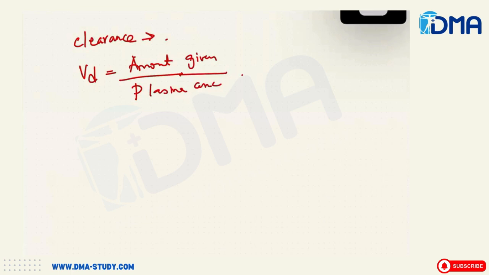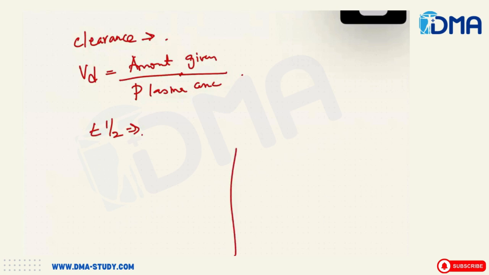This is volume of distribution. Then what is half-life? Half-life is the time taken by the drug to reduce its concentration by 50%. Like half of it will go off. That is half-life.